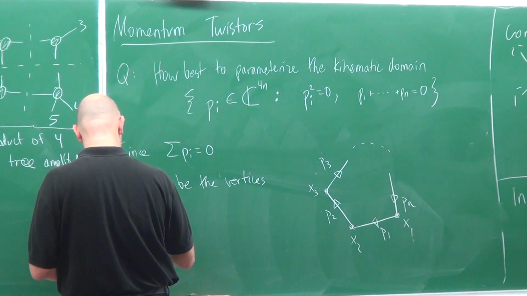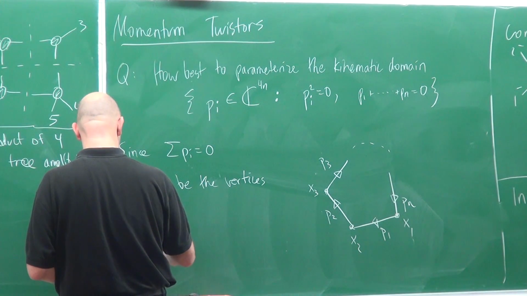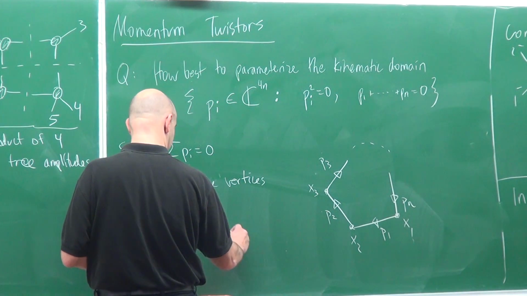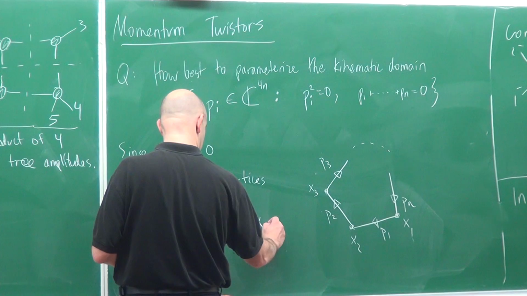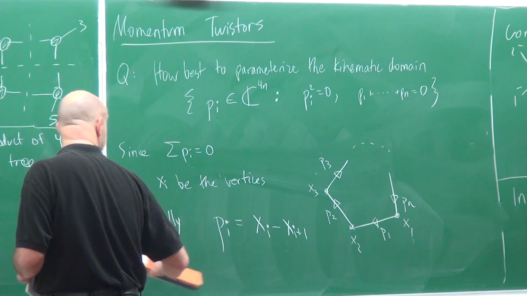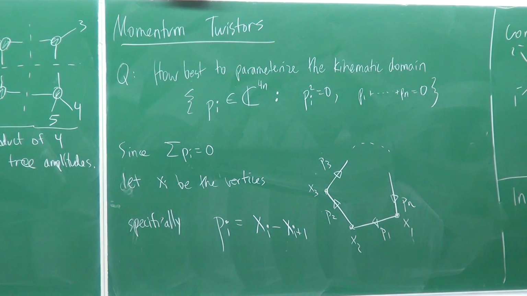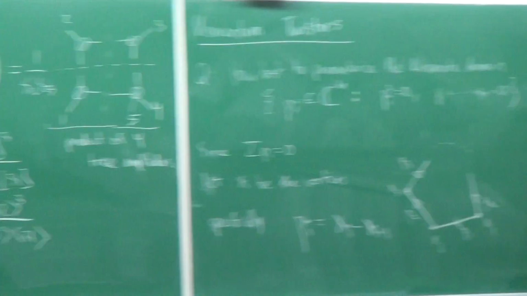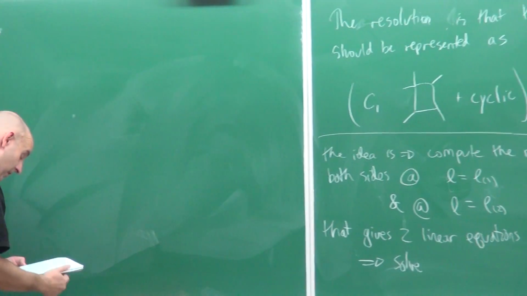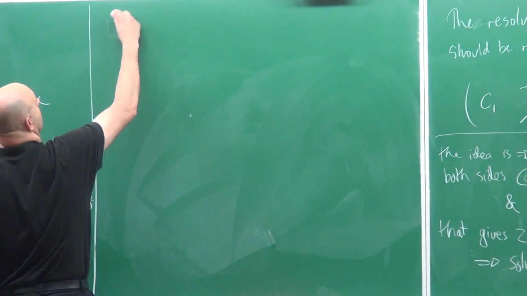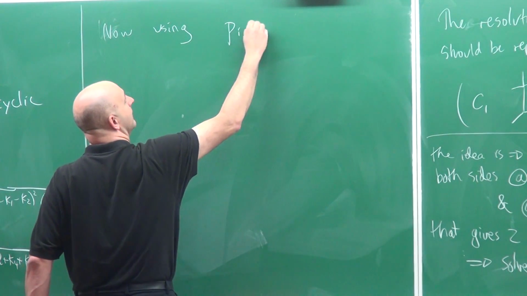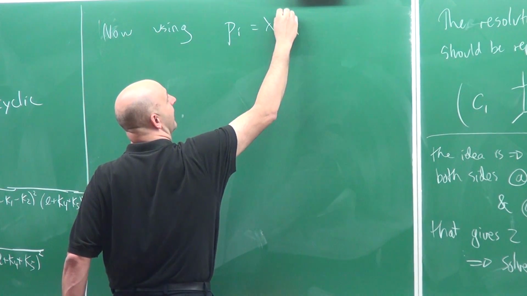So specifically, we define the x's by this relation. Okay. Now using p_i equals lambda_i lambda tilde_i.